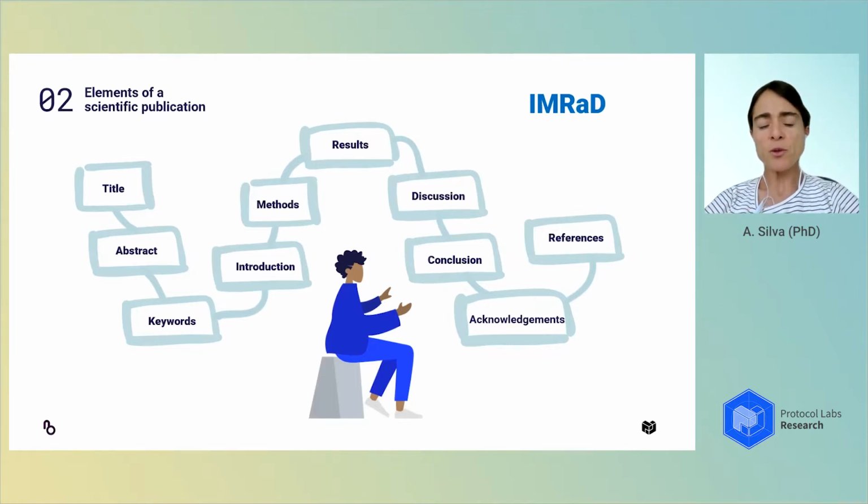And I would like, first of all, to introduce you to what this structure is. This structure is a formal sequence of sections that the scientific community considers the ideal format to deliver what is expected from research communication, from research information.